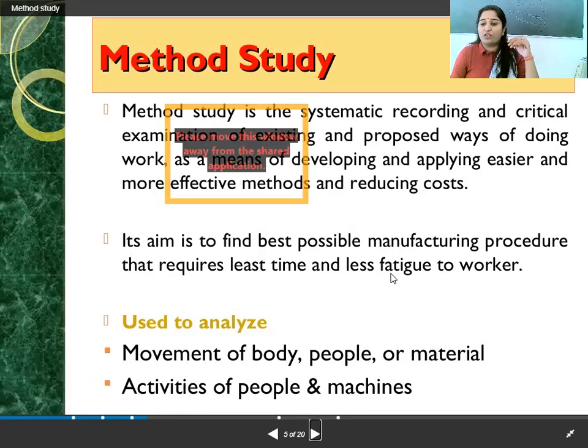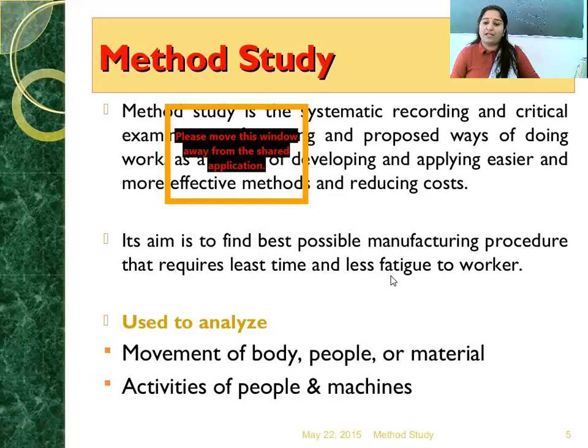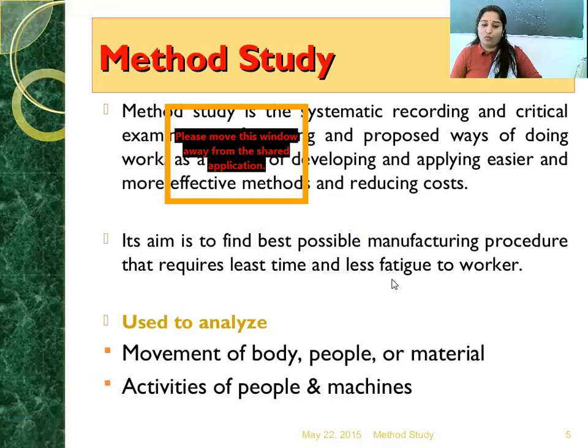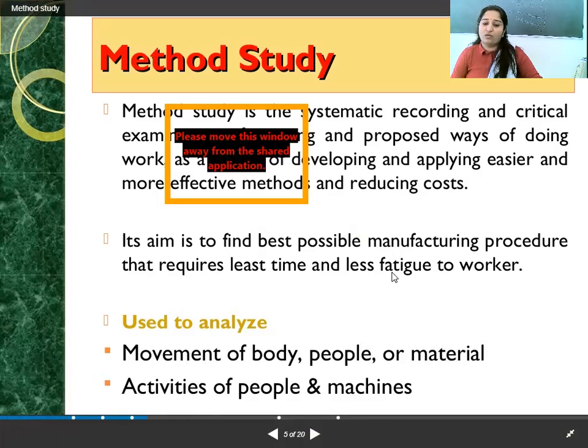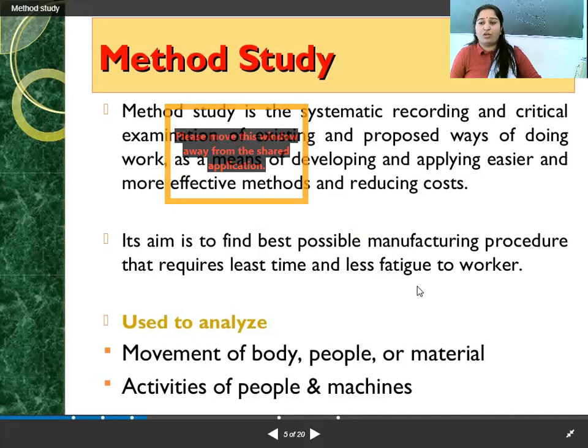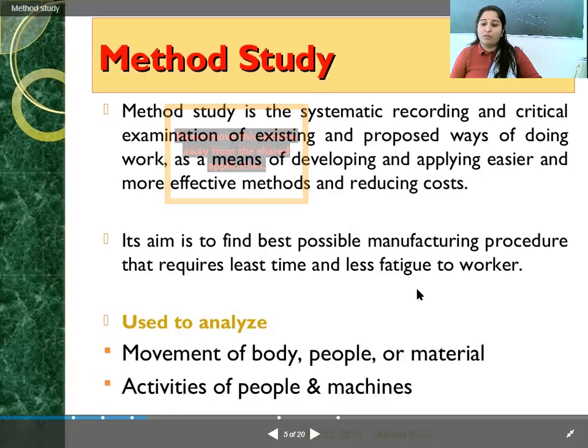It aims to find the best possible manufacturing procedure that requires the least time and less fatigue for the worker, and it is used to analyze the movement of the body, people, and material. The motion is a very important thing in any method study.